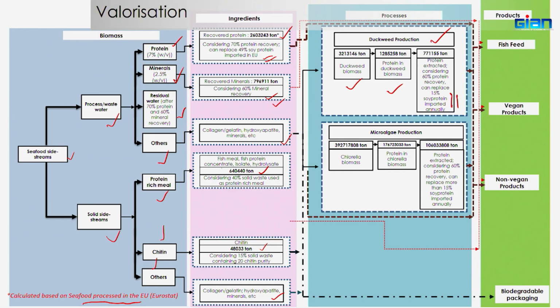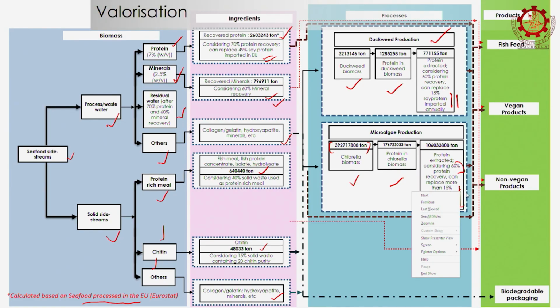The other one, microalgae production, this is calculated only for Chlorella vulgaris biomass. This many tons of Chlorella vulgaris biomass can be produced based on this particular wastewater. And the protein which we can obtain, if you take a simple protein extraction process which is 60% efficient, there how much protein we can obtain, yeah.